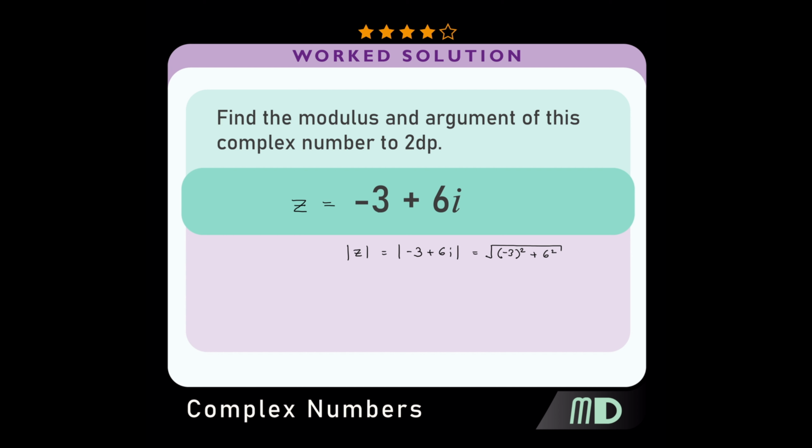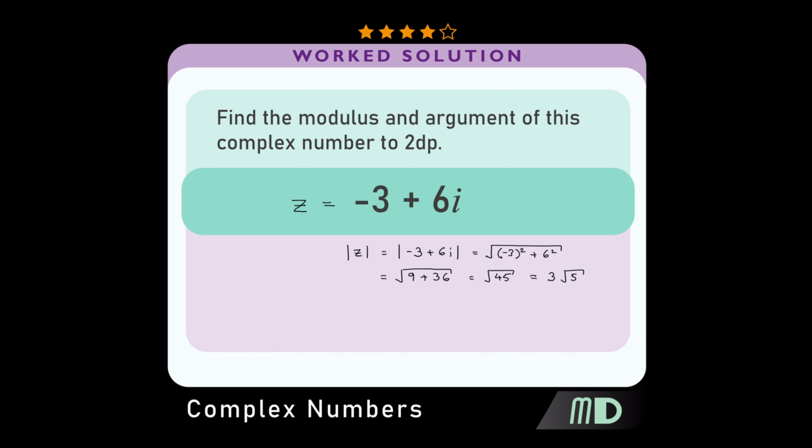So we need to find the square root of 9 + 36, which is equal to the square root of 45. The square root of 45 is equal to the square root of 5 multiplied by 9, and the root of 9 is 3. So the modulus of z is equal to 3√5.